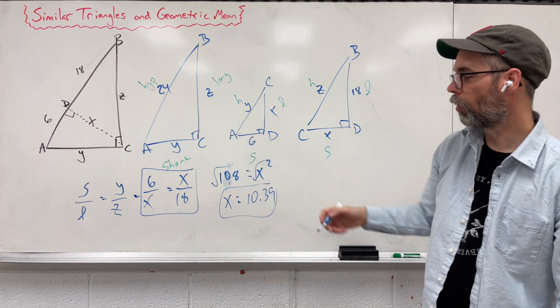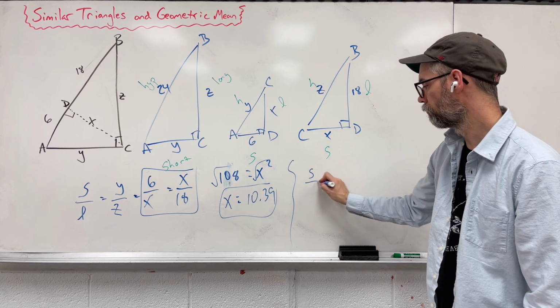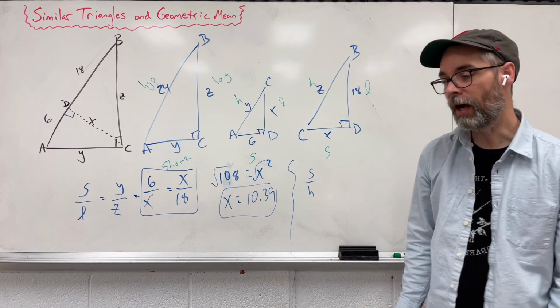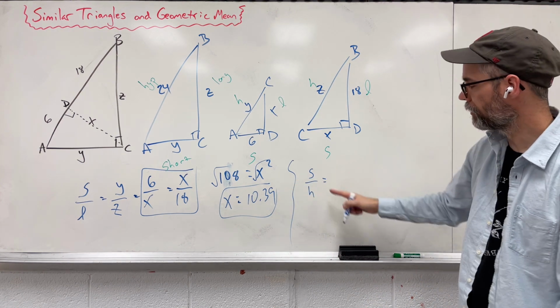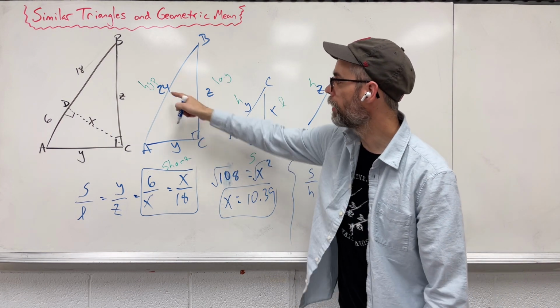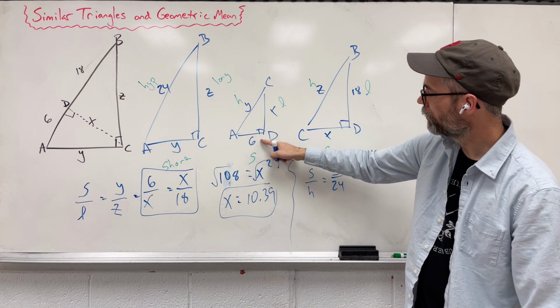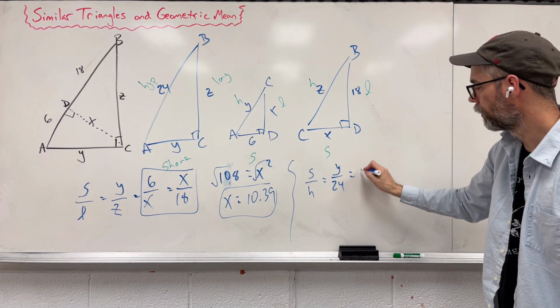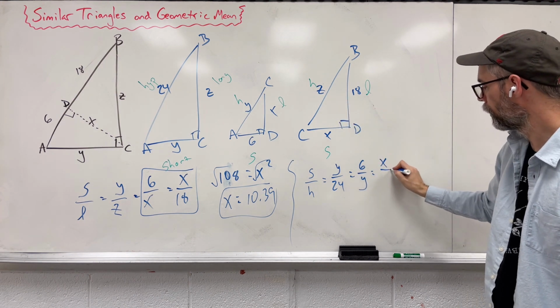If we did short over long, let's pick another one, and we'll say, how about short over hypotenuse? I want to come up with all of my fractions that say short over the hypotenuse. So short over hypotenuse, we have y over 24. Middle, I have 6 over y, and then x over z.